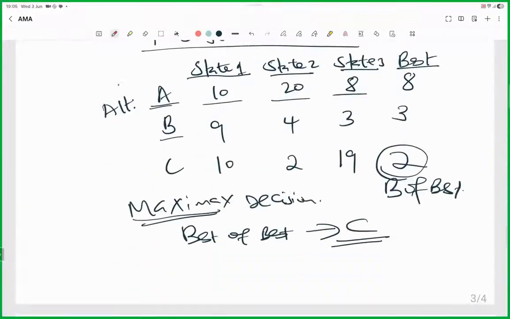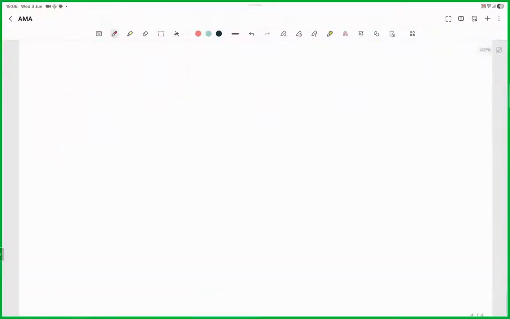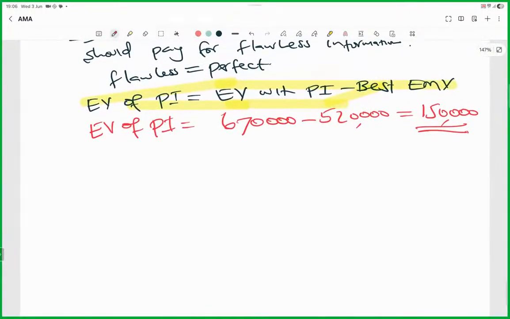All right. Now, ladies and gentlemen, mathematics of money. Our past paper, I thought our best was our best EMV 520,000. Yes. Best EMV is 520,000 here. So I took the EV with PI that we got up there, 670,000 minus the 520,000, which gave me this 150,000, which is the maximum amount payable for this expert information.